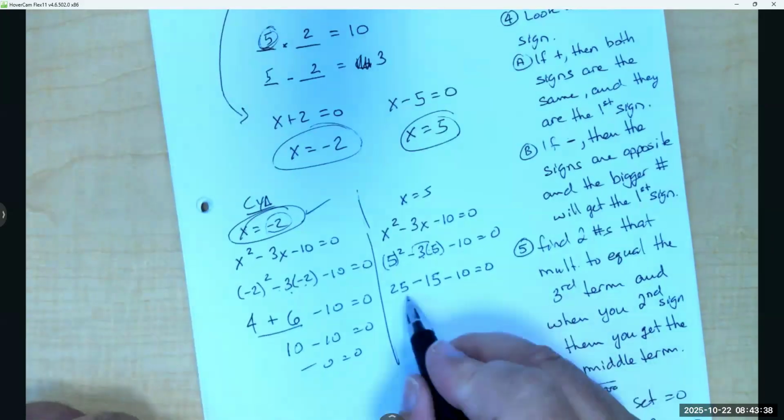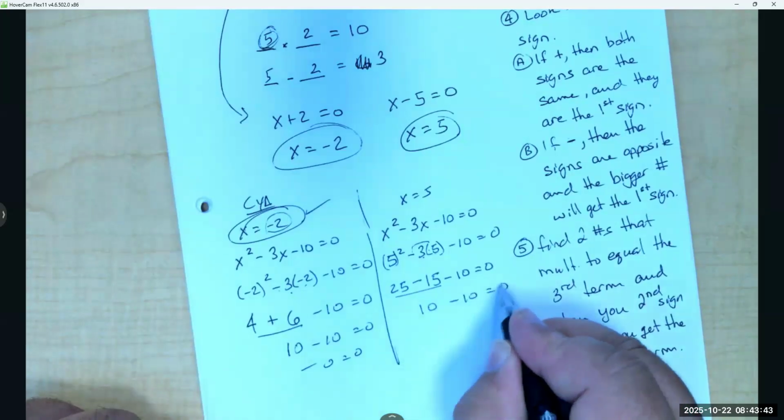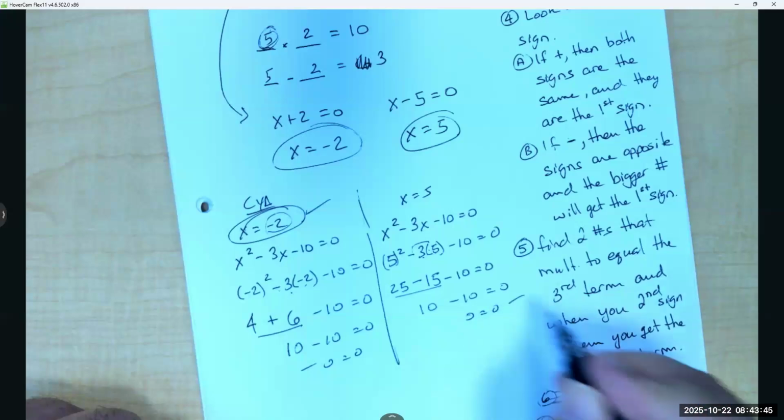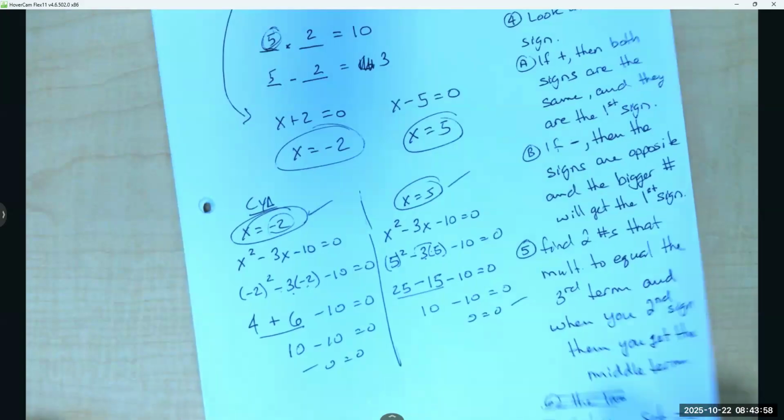Minus 10. 25 minus 15 is 10. 10 minus 10 is 0. So those are my two solutions. All right, let's look at another example.